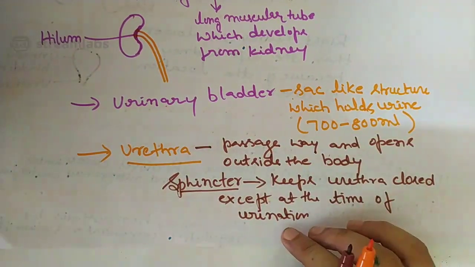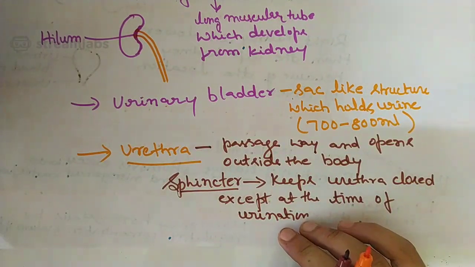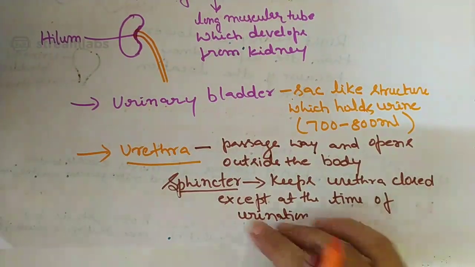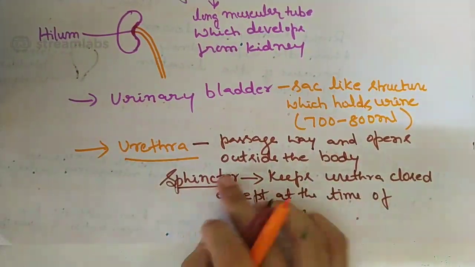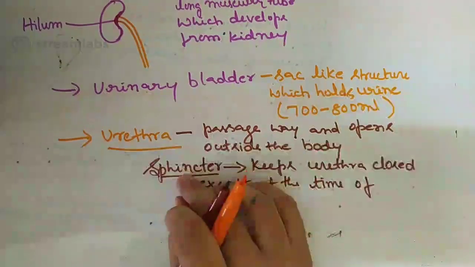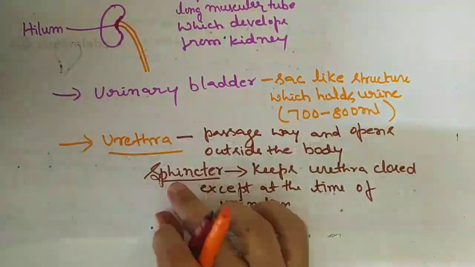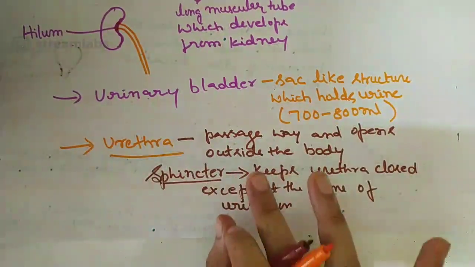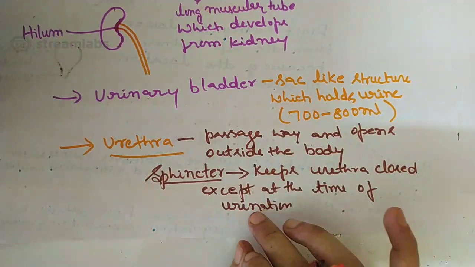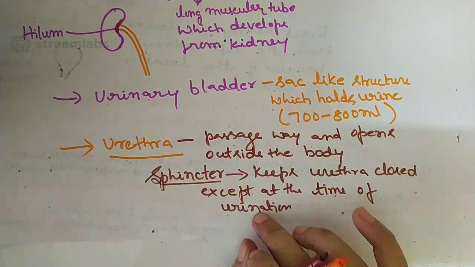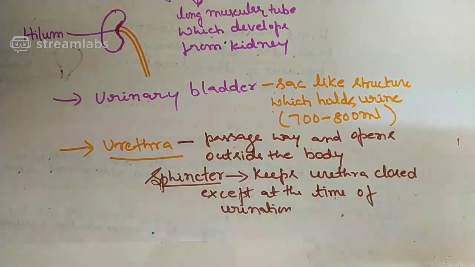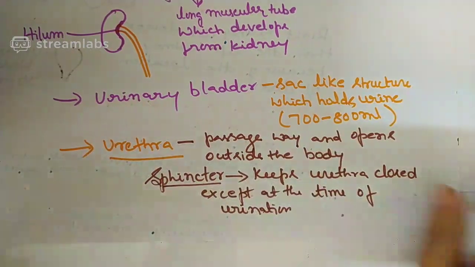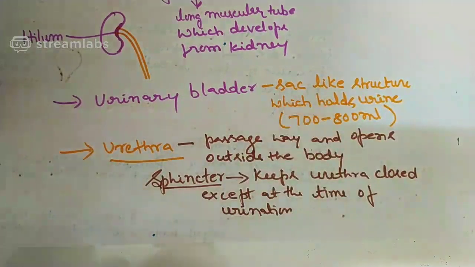Whenever a person feels like urinating, the urethra is going to open. The sphincter helps in urination. Okay, those are the parts of the excretory system.